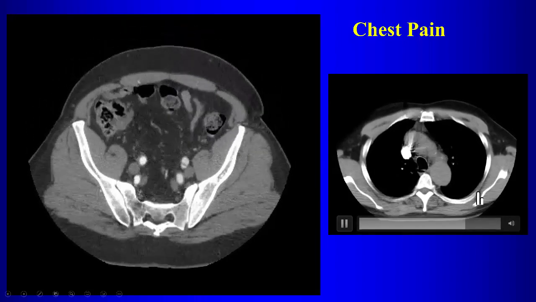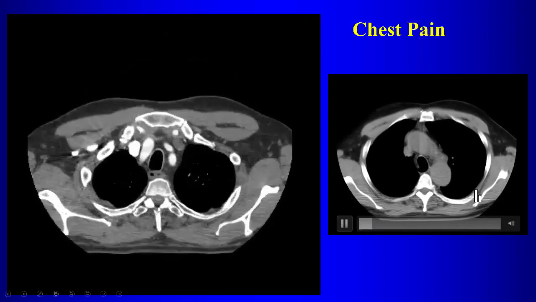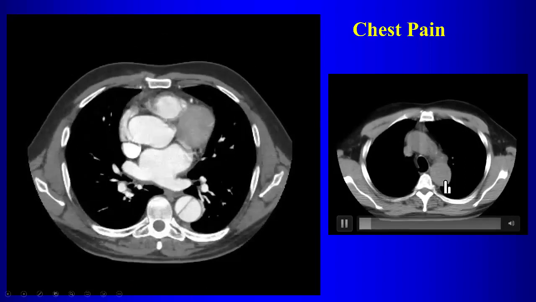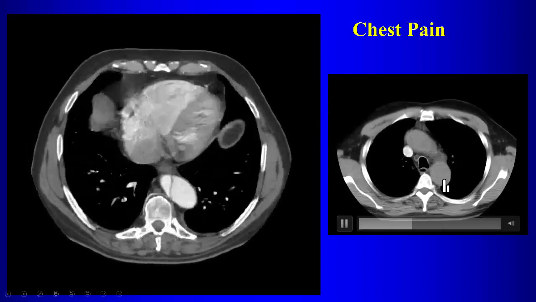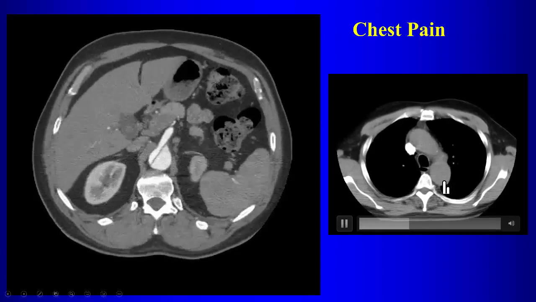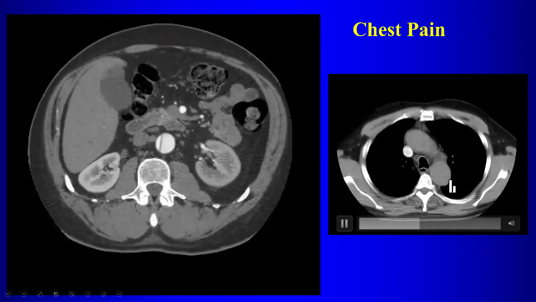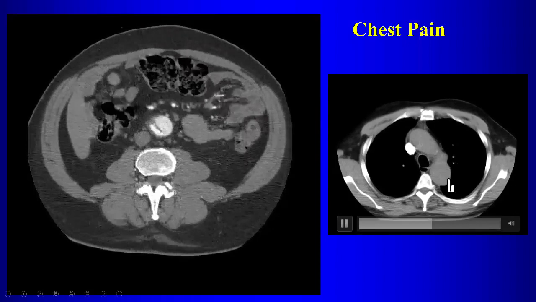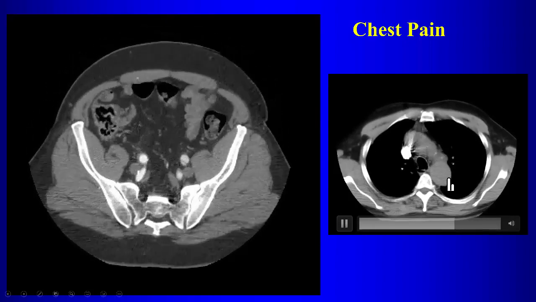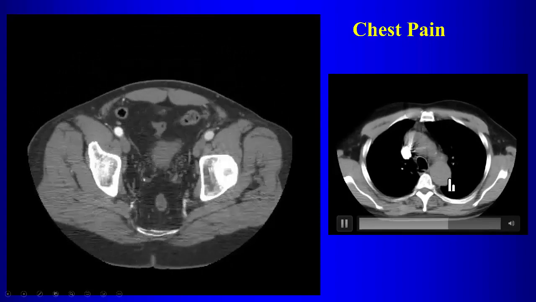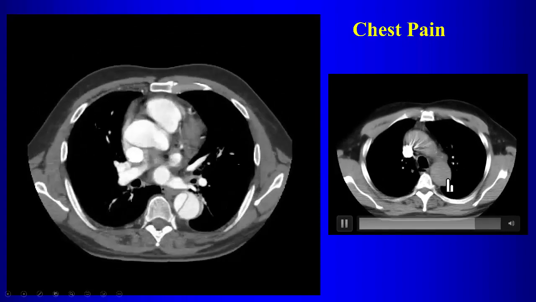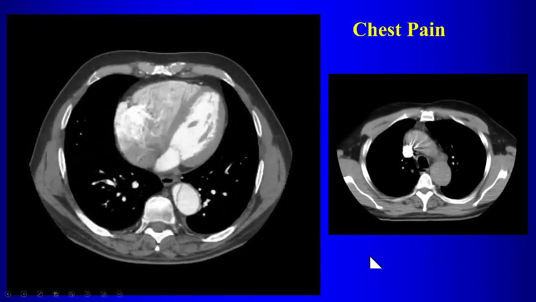And so this is how we can time the acquisition when we're actually scanning the patient, when the contrast is in the vessel. If we're doing a dissection study, we want to time it for the thoracic aorta, so you put your region of interest over the thoracic aorta. If you're doing a pulmonary angiogram study to rule out PE, you would localize the main pulmonary artery and put the region of interest over the main pulmonary artery to time the acquisition for the pulmonary artery.